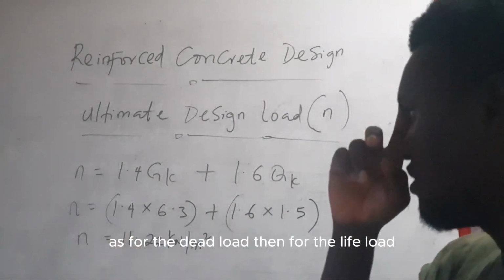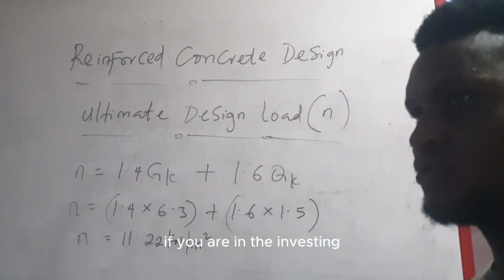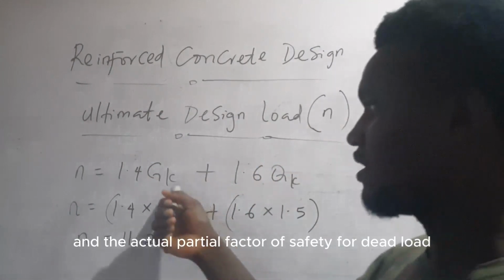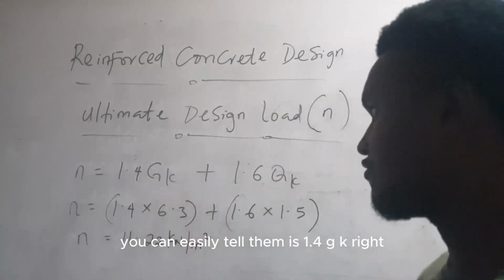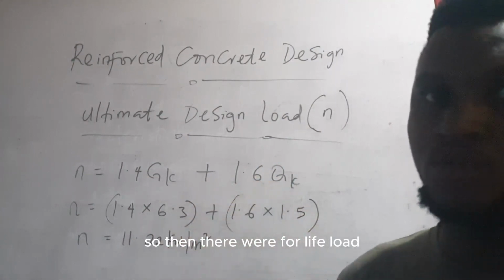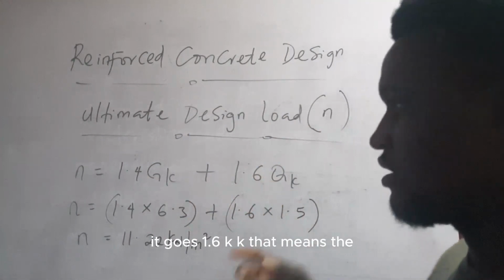Then for the live load now, the partial factor of safety, if you are in a university and they ask you what is the partial factor of safety for dead load, you can easily tell them it is 1.4 GK, right? Then for live load, it's just 1.6 QK.